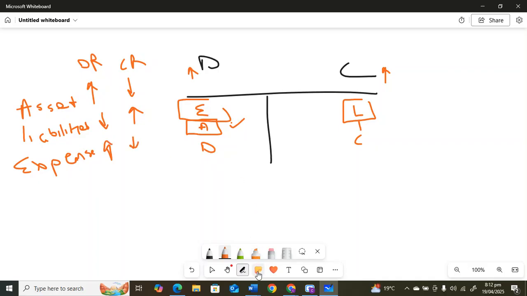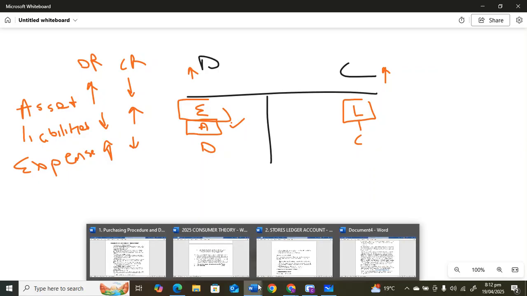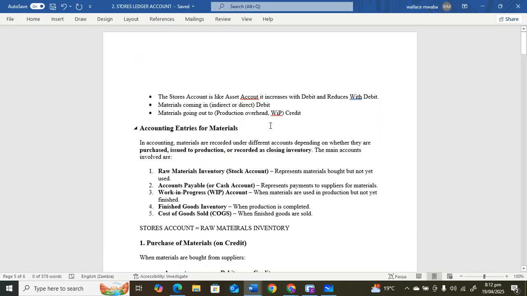So we're going to apply these double entry rules here. So remember the stores account. Okay, the stores account is like an asset account. Meaning anytime you're buying raw materials or any direct materials or indirect materials, they will increase. Increase, it's a debit entry.